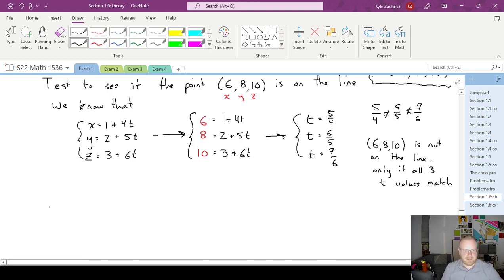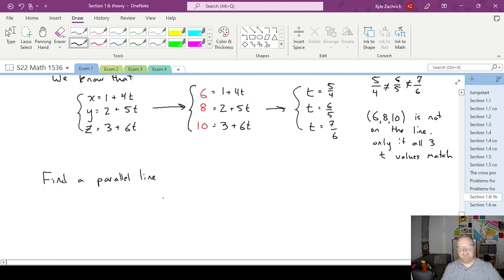We can also find a parallel line. So again, just a reminder, this is our formula. 1 plus 4t, 2 plus 5t, 3 plus 6t.